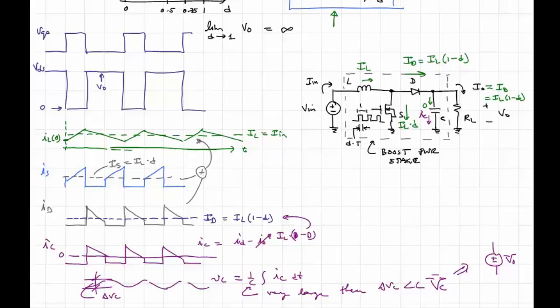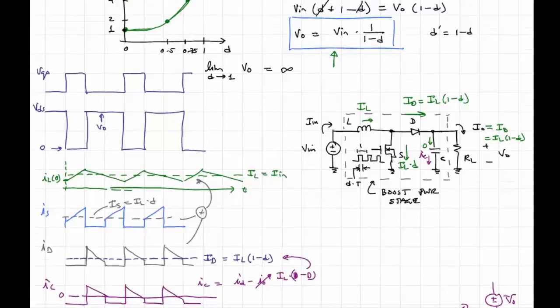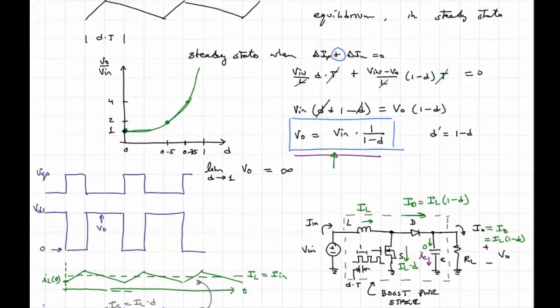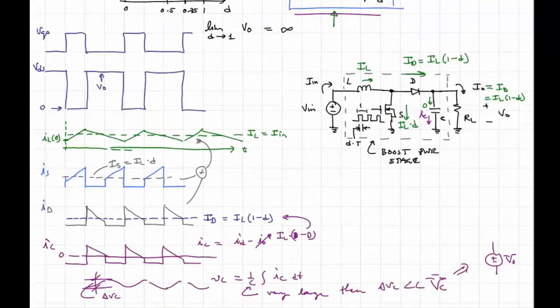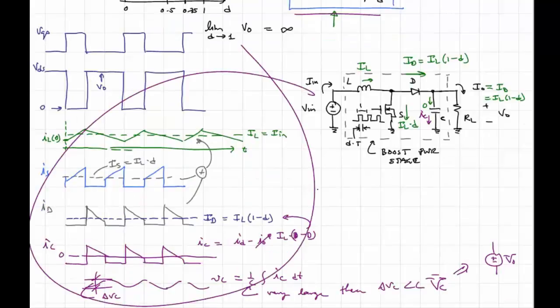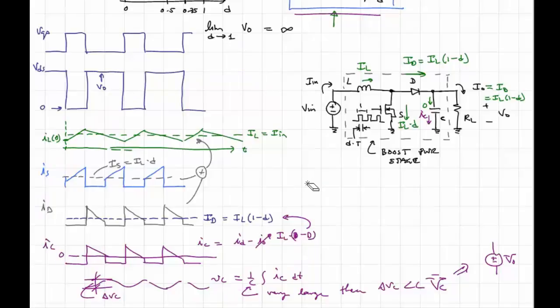But if what you're really looking for is just to establish the input-output voltage relationship, and getting a basic understanding of the waveforms like we did here, then making the assumption that the output capacitor and resistor is just a voltage source is fine.